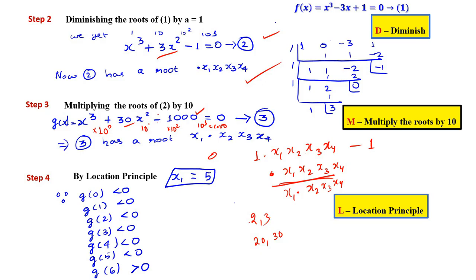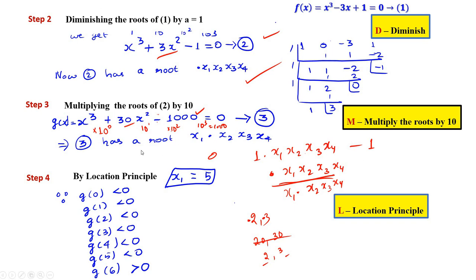So instead of 0.2 and 0.3, in that case the new equation will have its roots as 2 and 3. So this point x1 x2 x3 x4 now becomes x1 point x2 x3 x4.